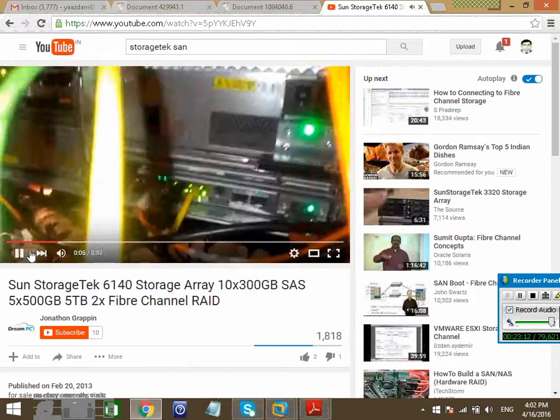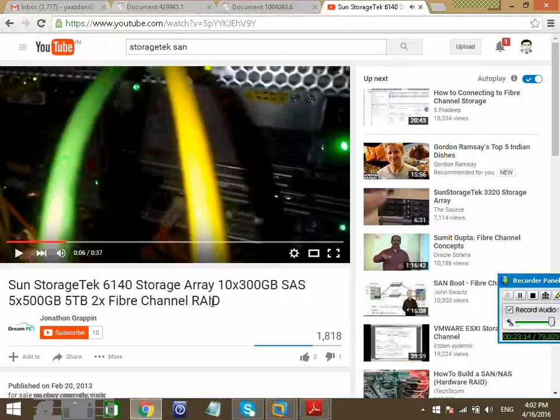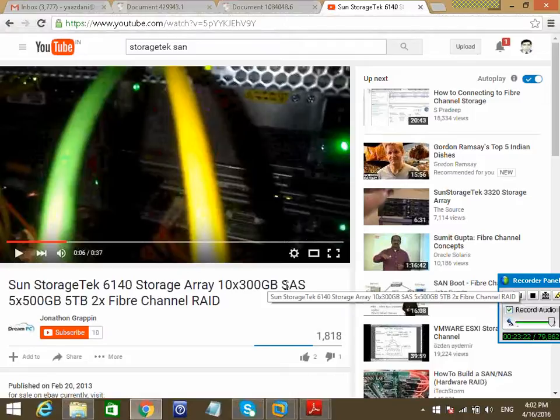It has 10 disks, each size up to 300 GB. They are using SAS. The type of hard disk that we are using is SAS. Just like we have SATA and IDE, we are going to discuss what is IDE, what is SATA, SAS, standard.